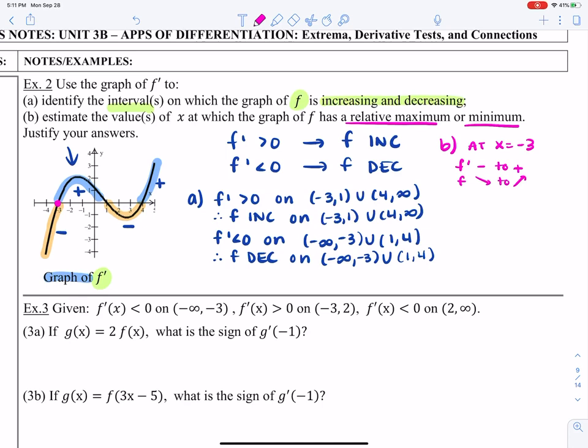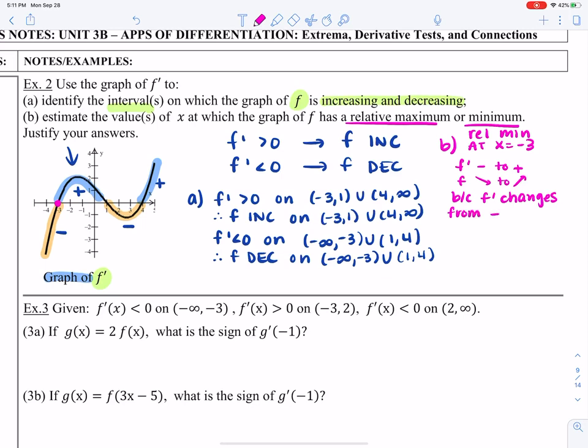Similarly, f prime is negative on the interval from -infinity to -3, and then also from 1 to 4.